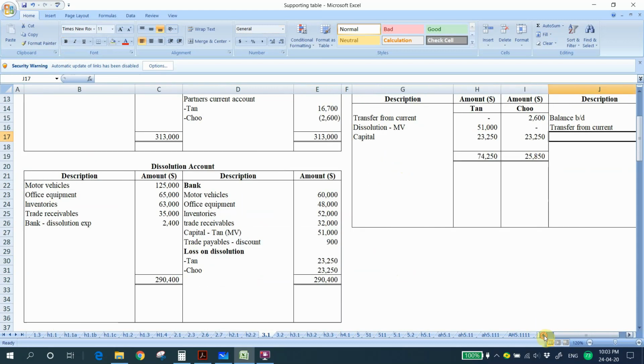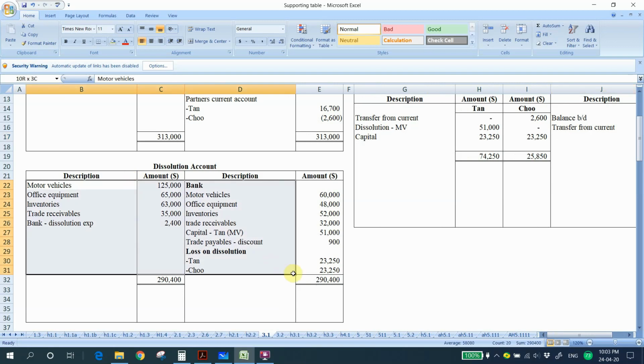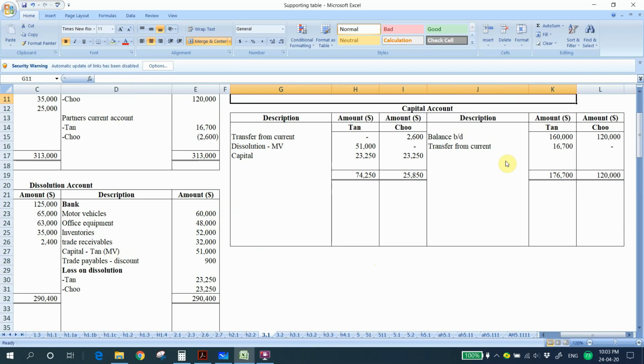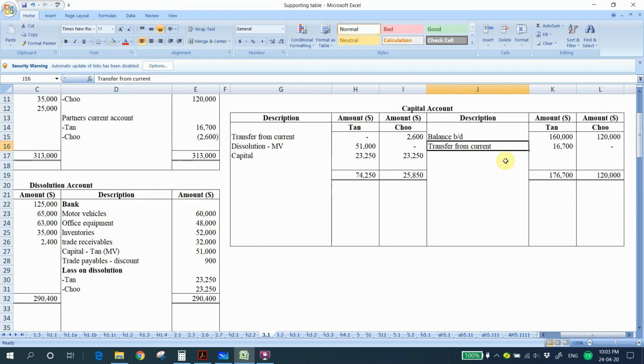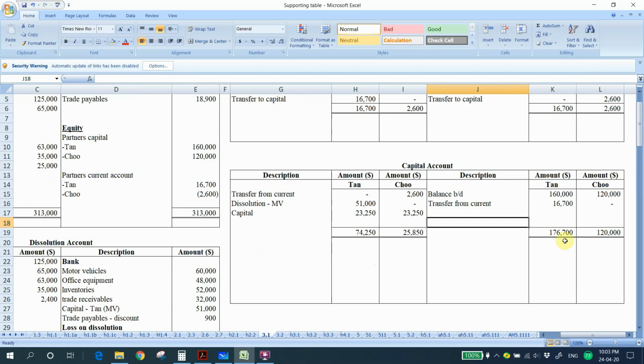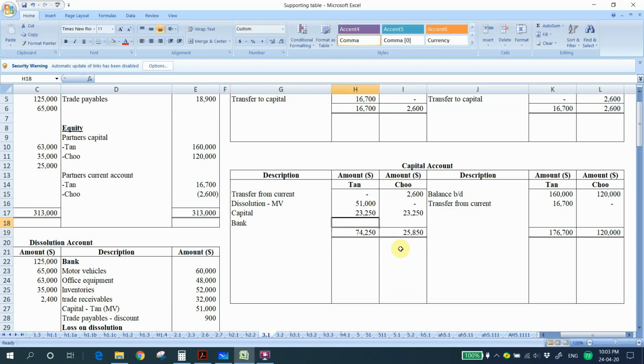So after you complete your dissolution account, the next step is to find out how much the company needs to pay to the partner, or the partner has to pay to the company. So let's figure out. From the capital account, we can understand that the credit balances are more than the debit balances. So the payment amount shall show on the debit side, in order to balance the capital account.